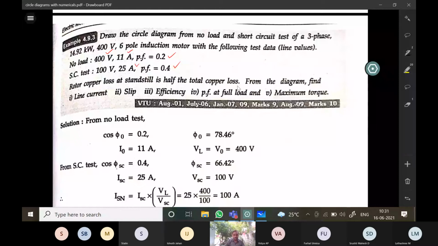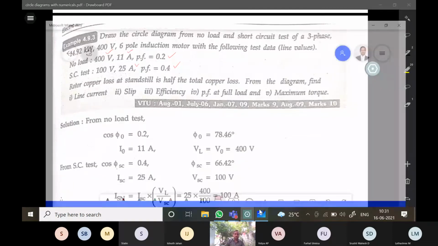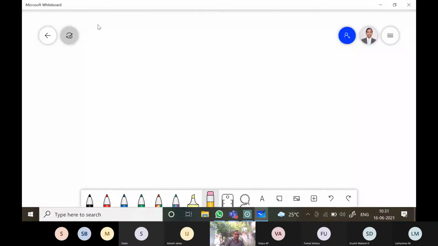So this problem is asked many times in the examination. Okay, solution. From the no load test, we got V naught.